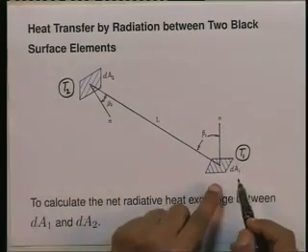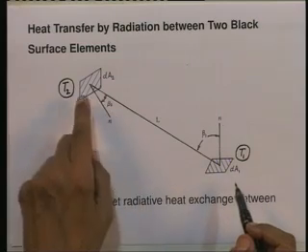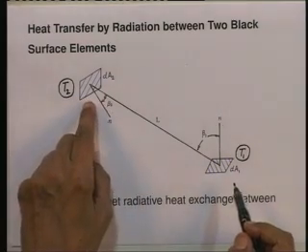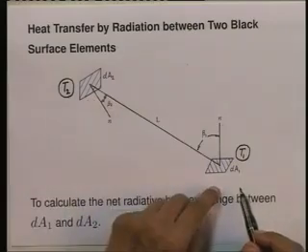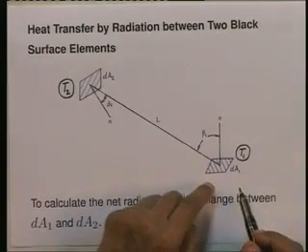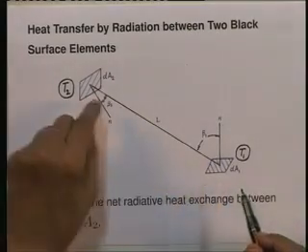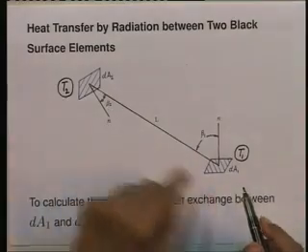Some of the radiation emitted by dA1 is going to go towards dA2, and similarly, some of the radiation emitted by dA2 is going to go towards dA1. That radiation is going to be absorbed by dA2 and dA1. All right.